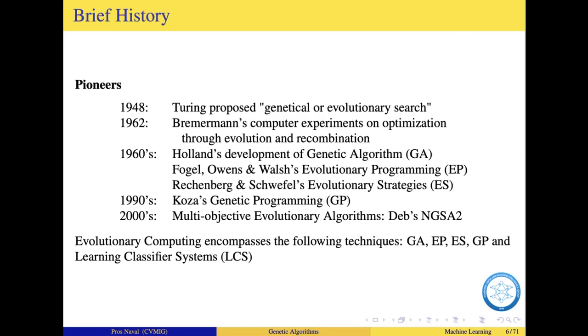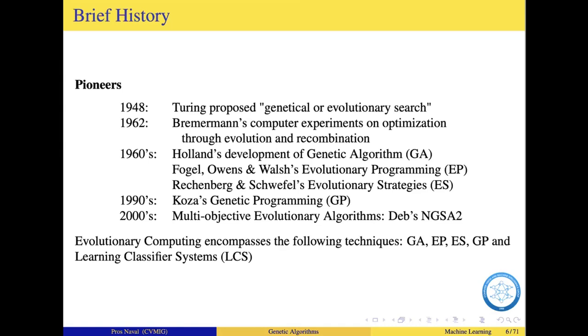Then evolutionary programming or EP came out also in the 60s, together with ES or evolutionary strategies. In the 90s, you have genetic programming, which was popularized by Koza. And in the year 2000 onwards, there are many proposals for multi-objective evolutionary algorithms, including NSGA-II by Deb.